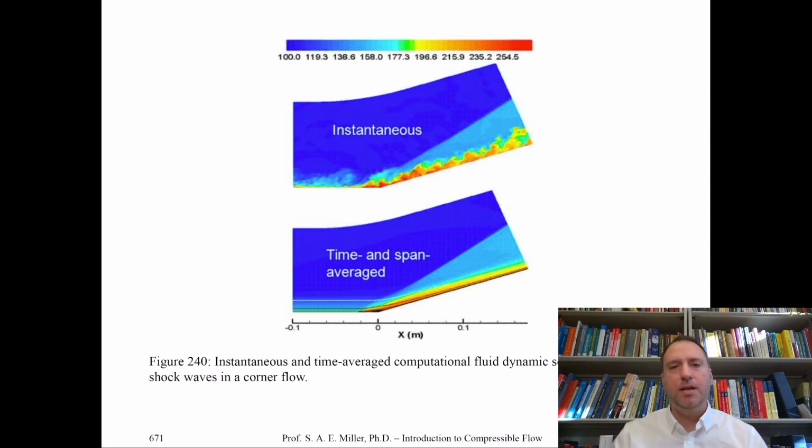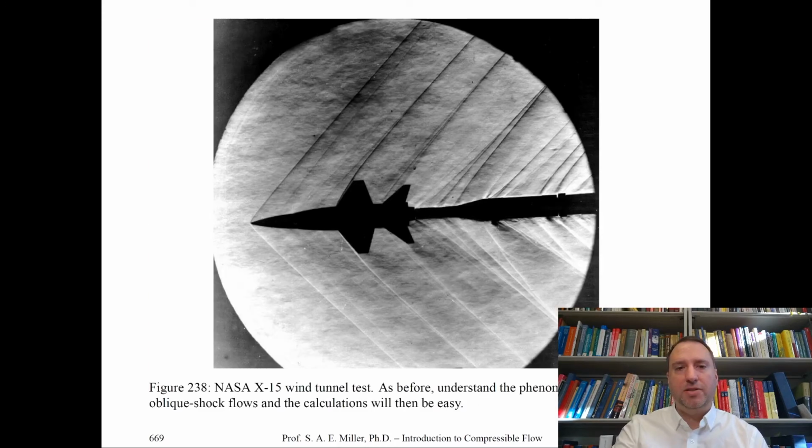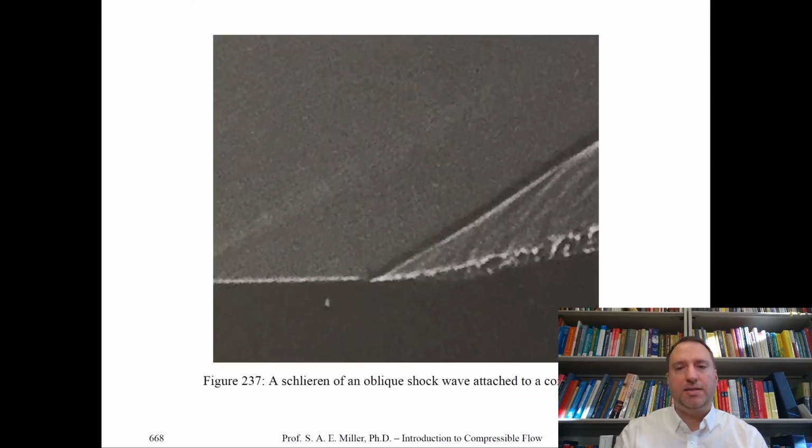Let's look at a particular computational fluid dynamics simulation, where I'm showing here in figure 240 of the slide deck instantaneous and time average CFD solutions of the oblique shock waves in a particular corner. This corresponds to the Schlieren, which I showed in figure 237 of the slide deck.